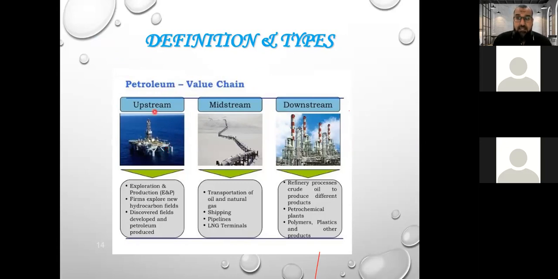But the upstream is mainly the main source of the oil or gas. The midstream is mainly for transportation and for the first start of processing, removing the unwanted material. Downstream is the refinery. As you see here, the columns and the towers, this is the refining process. This is in the downstream area.